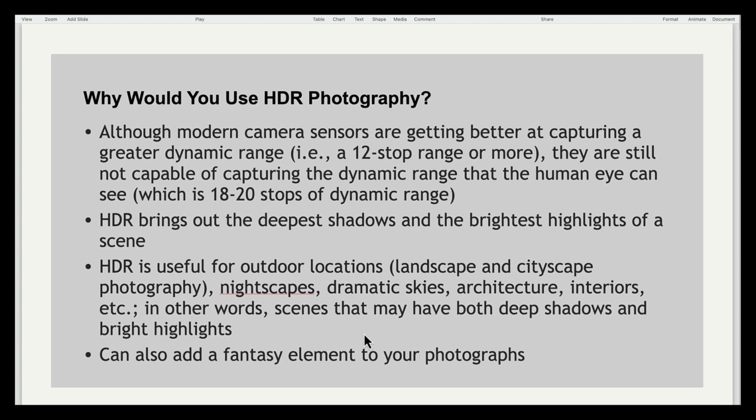That's when HDR comes in handy. Or some of the other examples here, when we have dramatic skies, or maybe we're shooting architecture or interior where we have really bright lights and really deep shadows, and we're just trying to balance everything out. So these are examples of when we might utilize HDR photography.